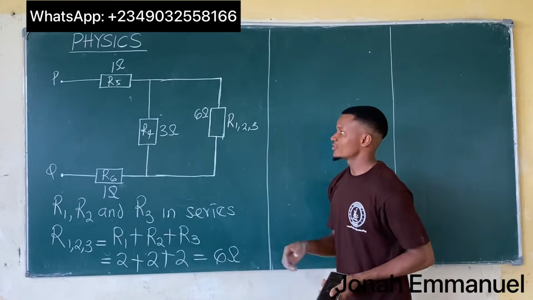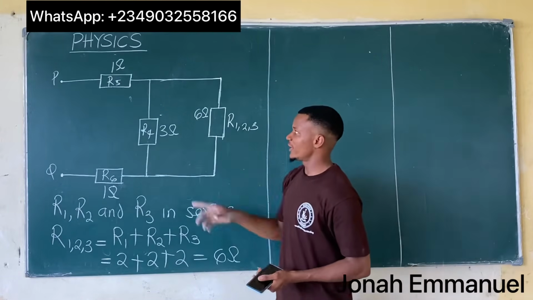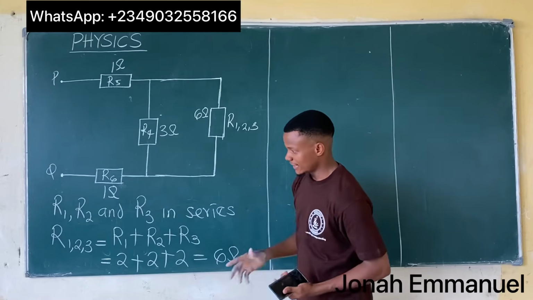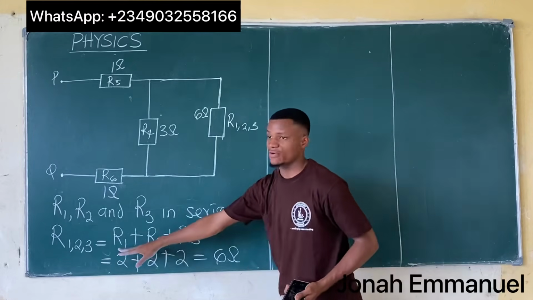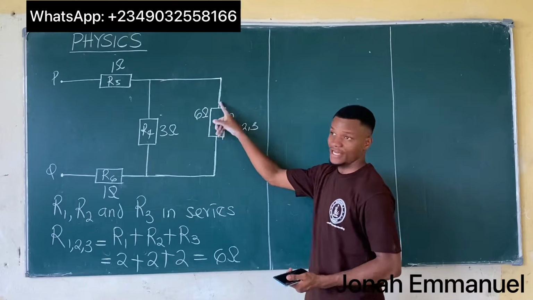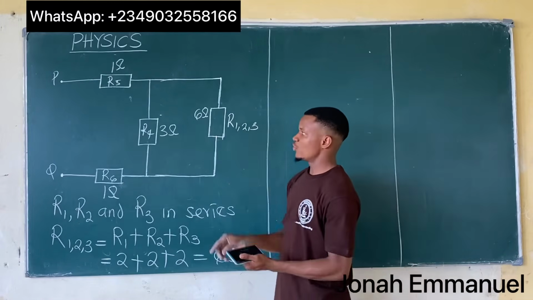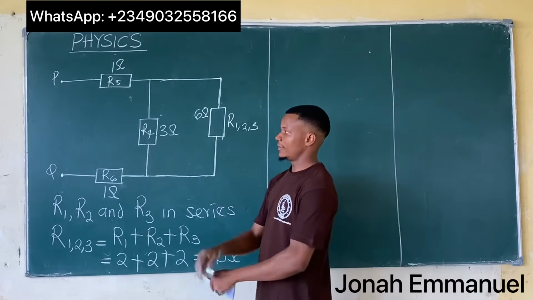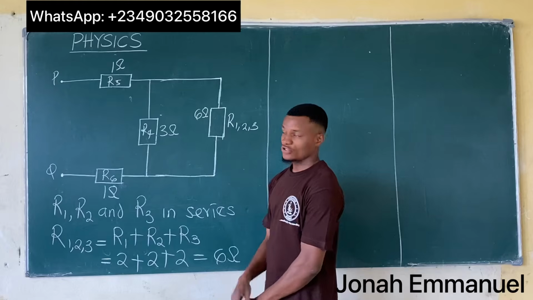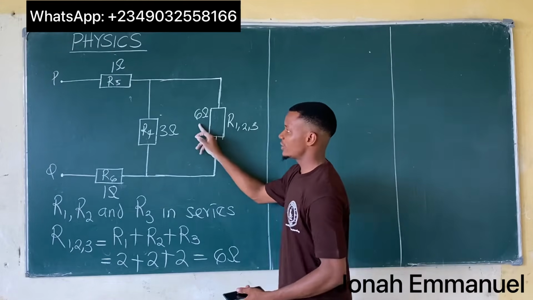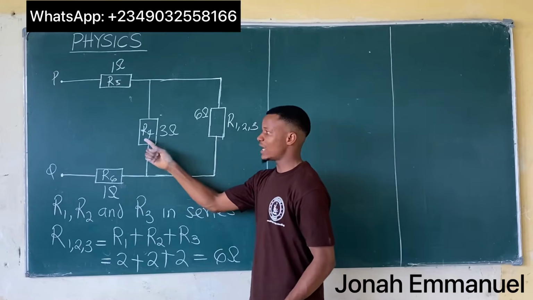Alright, so observe the way I did this. When I connect 1, 2, 3, we now have R1,2,3, the equivalent of 1, 2, 3, as 6 ohm. This 6 ohm will appear at this point here, such that the 6 ohm is now in parallel connection to R4. So the equivalent of 1, 2, 3, which is 6 ohm, is now connected in parallel to R4.